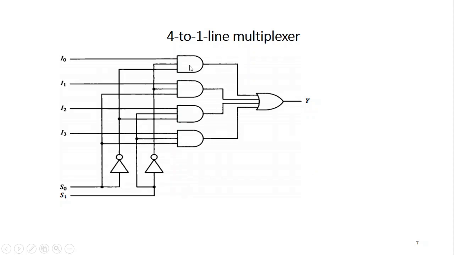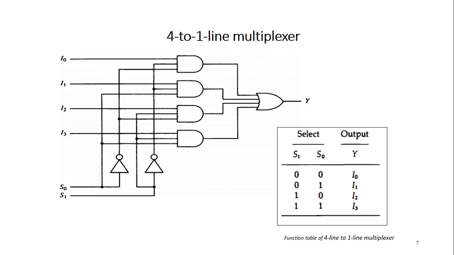The function table in this figure lists the input to output path for each possible bit combination of the selection lines. To demonstrate the circuit operation, consider the case S1 S0 equal to 1 0.